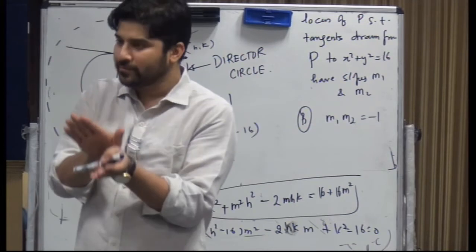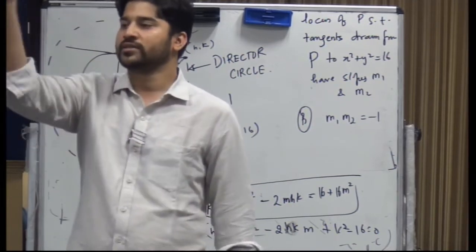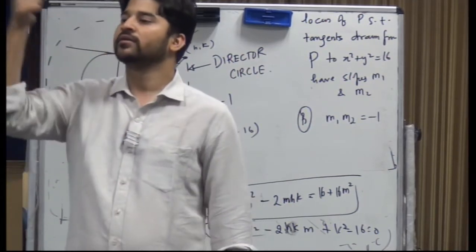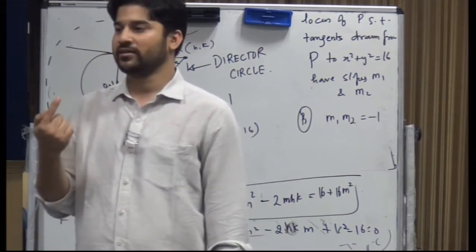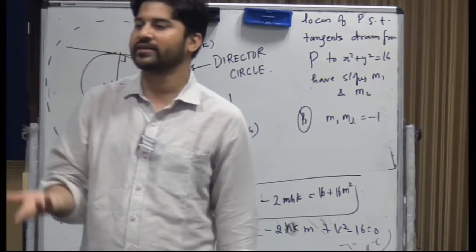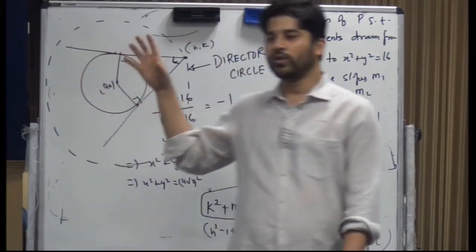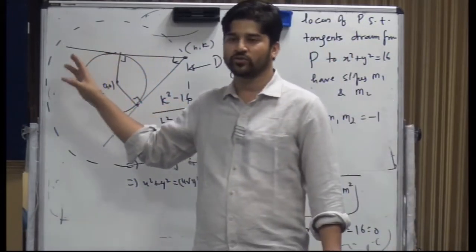So this locus is called the director circle. This locus is called the director circle. And what is the property you have already discovered through this question?